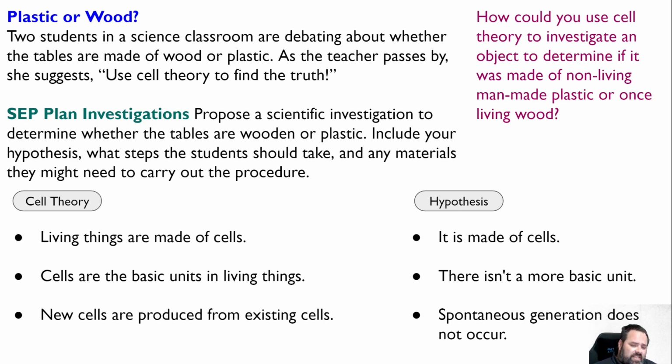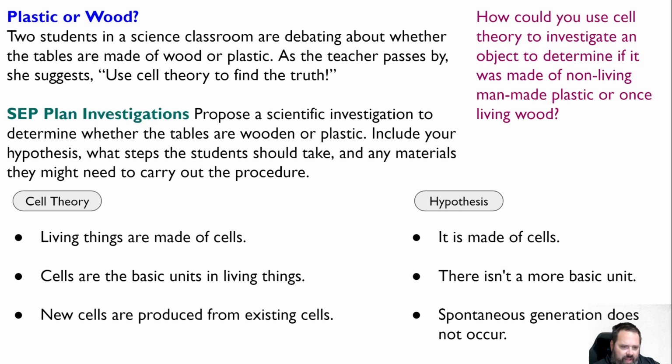The next is, let's design a hypothesis that can be testable that would help us identify whether something is a cell or not. So our first hypothesis that we could test is, is it made of cells? The second hypothesis that we could think about testing is, there isn't a more basic unit of life.